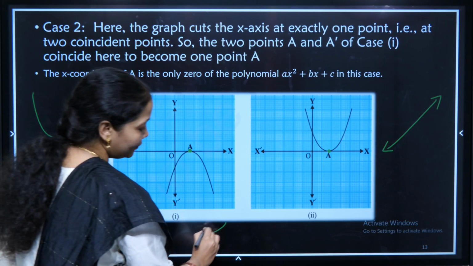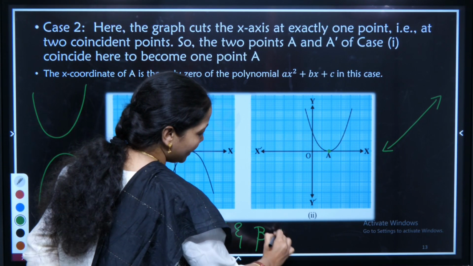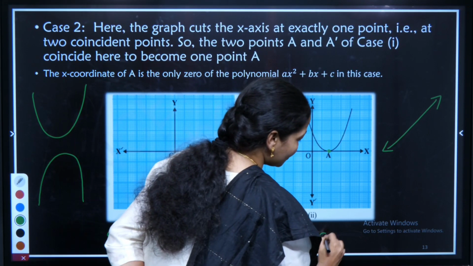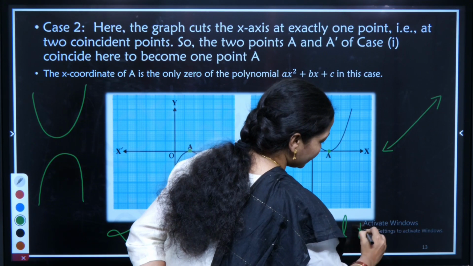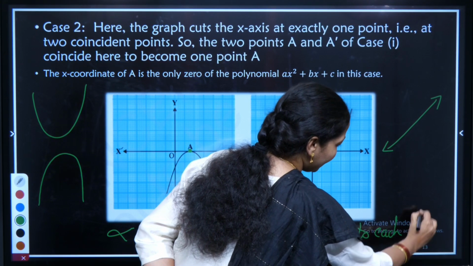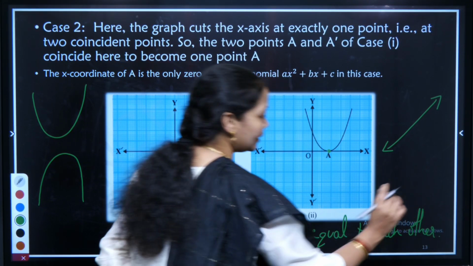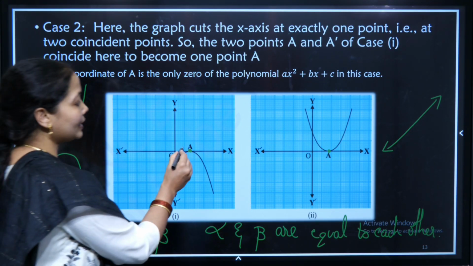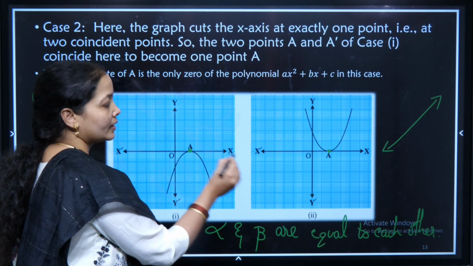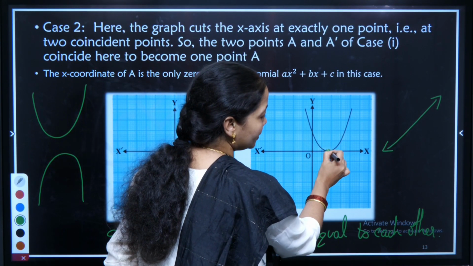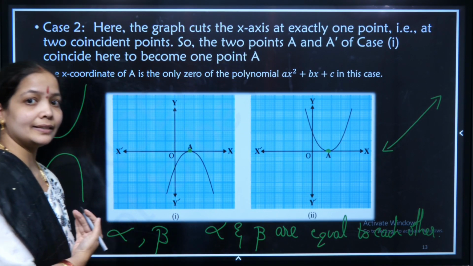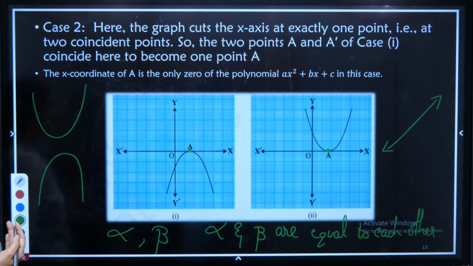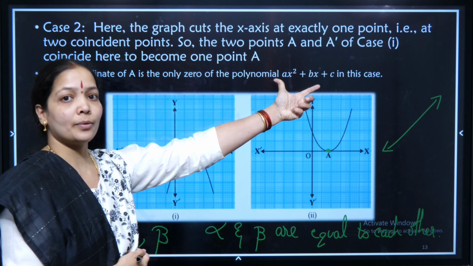When alpha and beta are equal to each other, then the graph will touch the x-axis exactly at one position. Then also we will consider the type of the graph as a quadratic polynomial only.